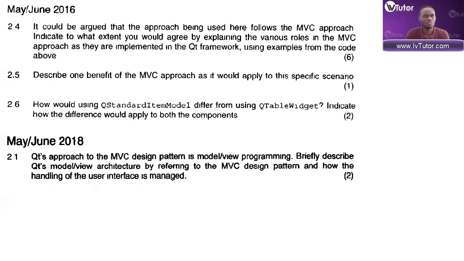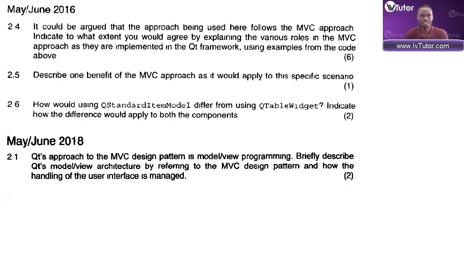Let's talk about this one. It could be argued that the approach being used here follows the MVC. So I think before this question, you were required to write some code about the Q standard item model. So the questions from 2.1 to 2.3 were about how to use the Q standard item model.